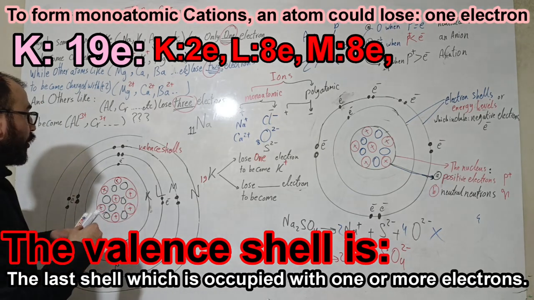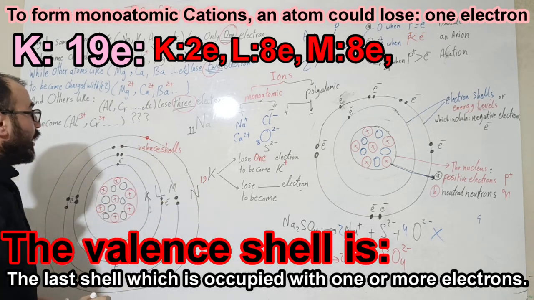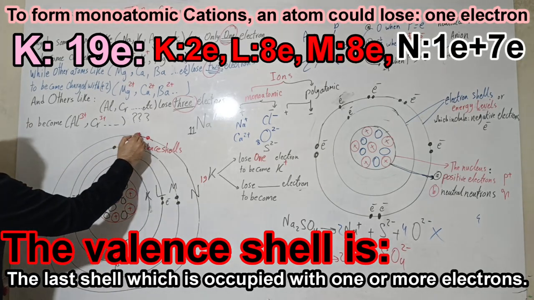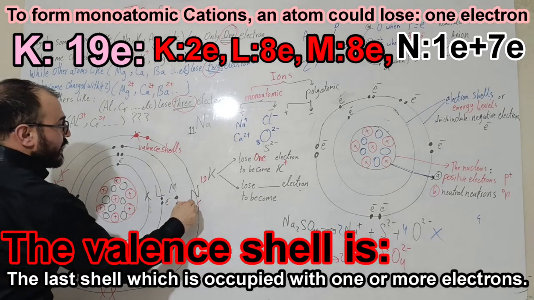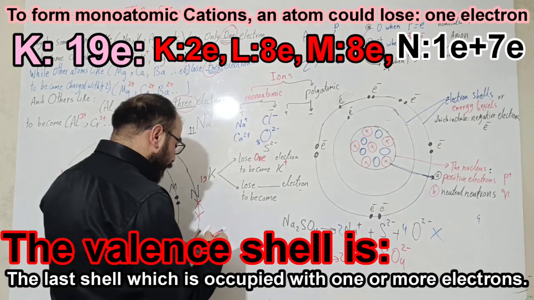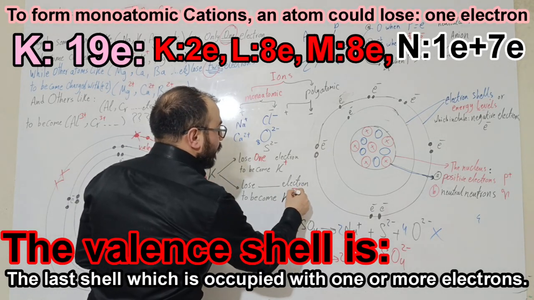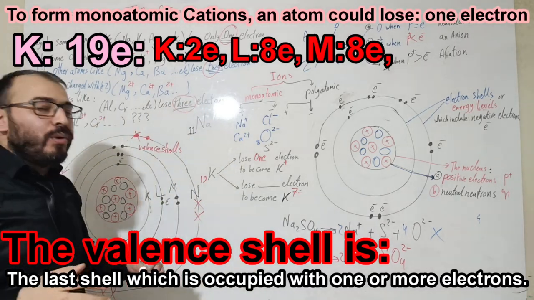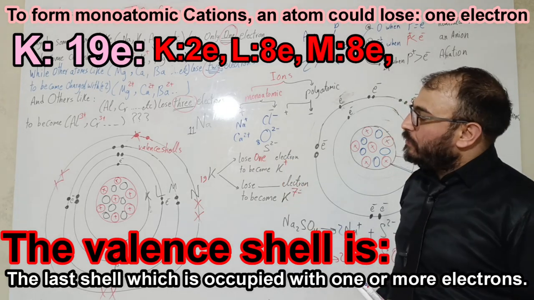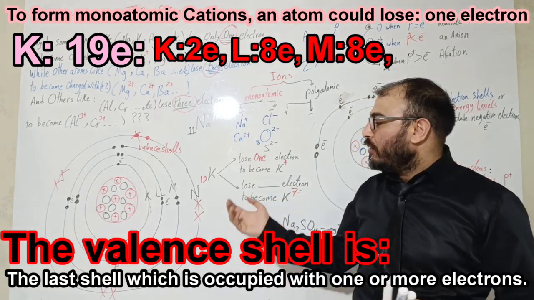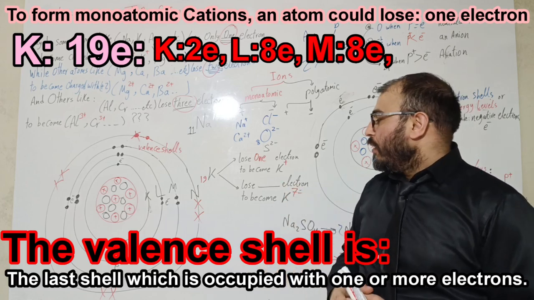The other option is that potassium gains 7 electrons: 1 new electron, 2, 3, 4, 5, 6, 7, and potassium is going to be -7, which is impossible. My friends, it's way easier for potassium to lose only 1 electron than to take 7 electrons to become -7.